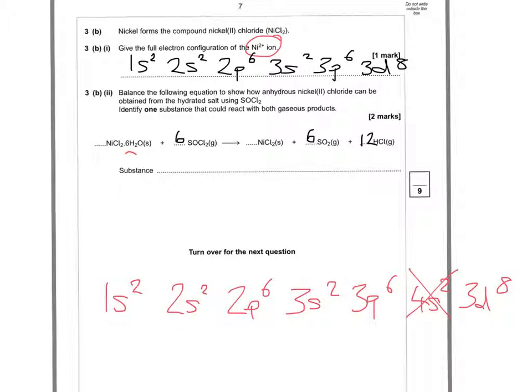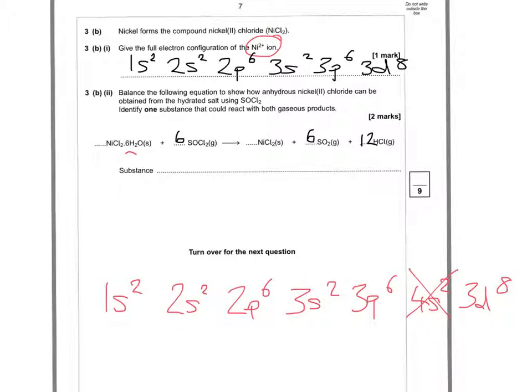Chlorine, 2 there, plus 12 there is 14. 12 there, plus 2 there is 14. Oxygen, 6 there is 12, and we've got 12 there. Sulfur, 6 there, 6 there, and I think that's everything. This is balanced now. Okay, and I know that can take a little while, but that's balanced.